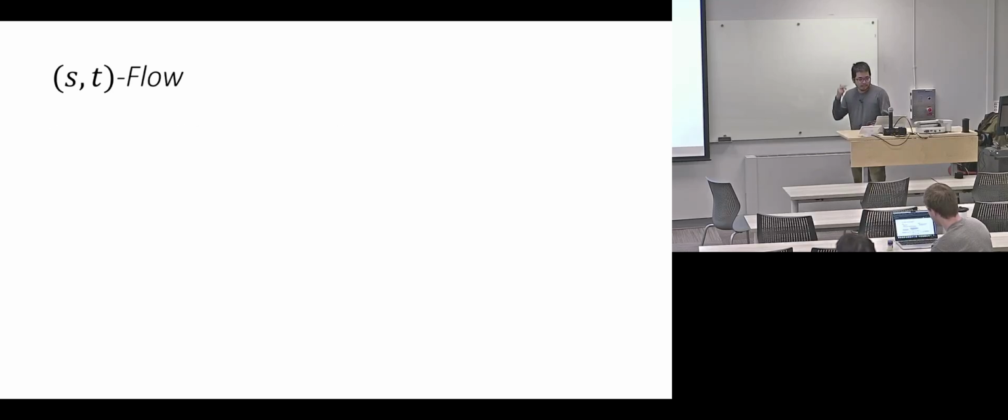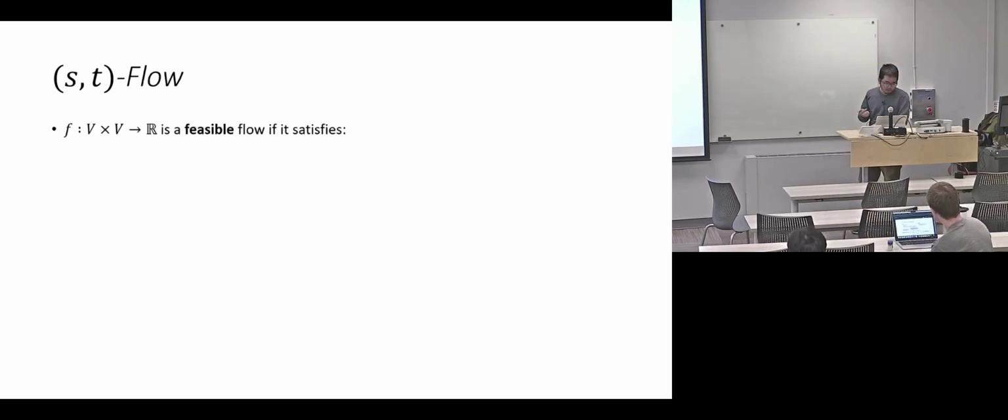So when you think of the flow, it's like you assign a value to each edge or to each vertex pair, right? For each vertex pair, you assign some value to it, and we say that the flow is feasible if the following is true. First, you need to have the capacity constraint.